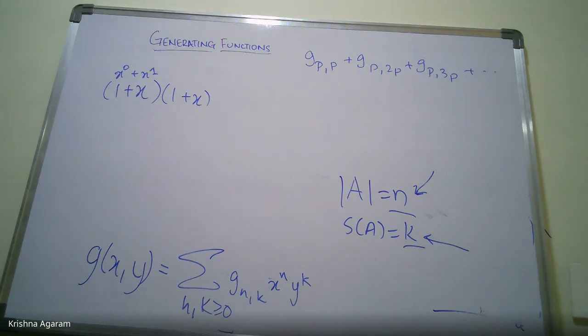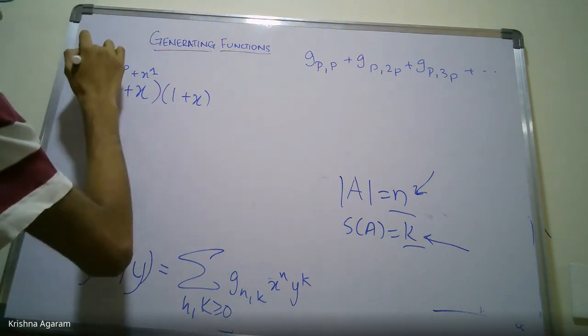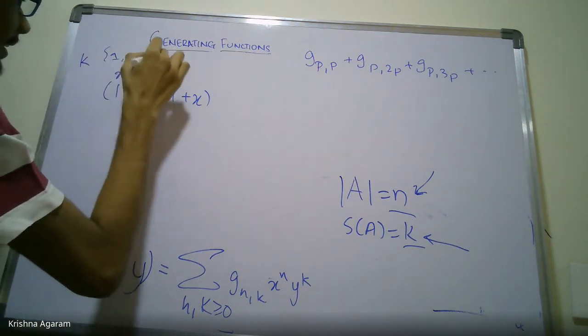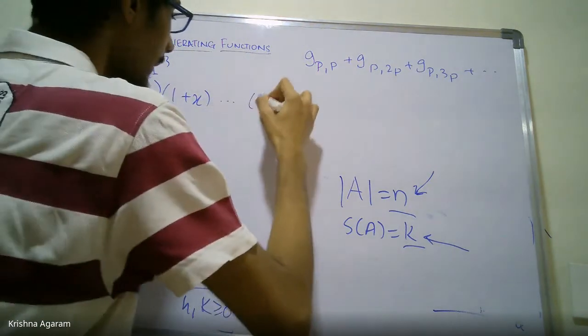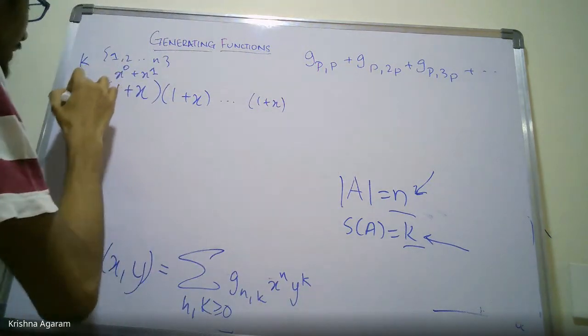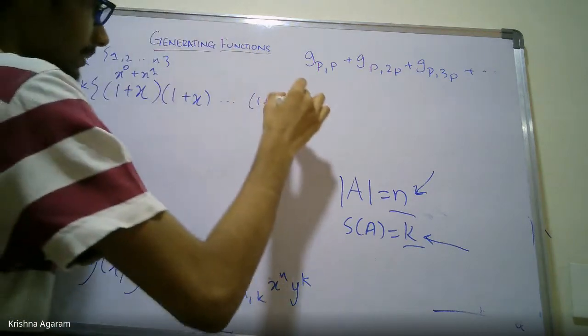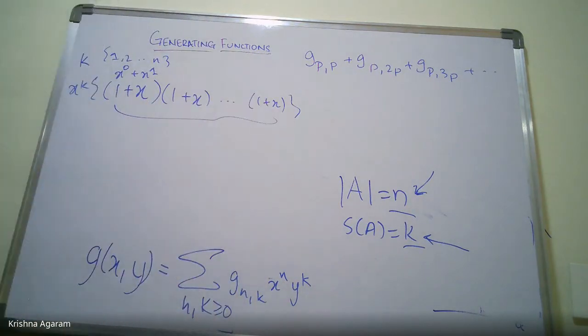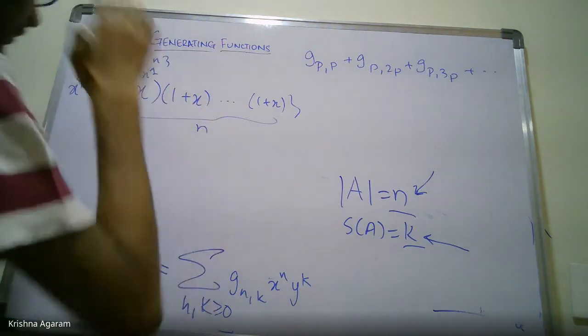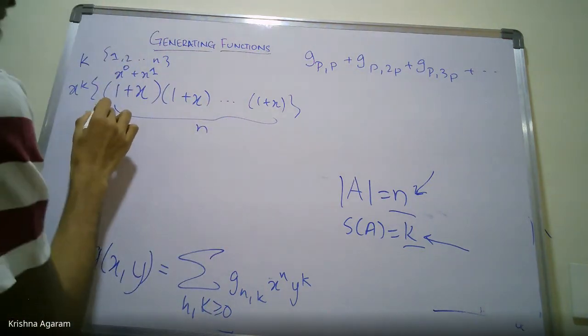The size is k. The n and k are all different from this. I'm just trying to motivate the next step. How many ever ways you can get x bar k from this equation is the number of k element subsets of 1 to n. Why is this the case? Because there are n of these.